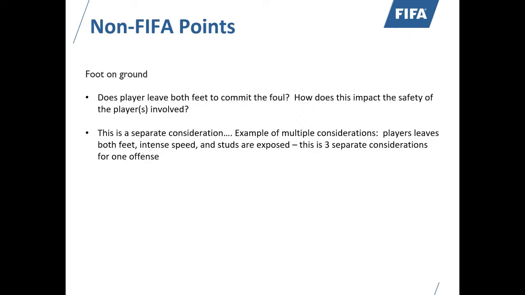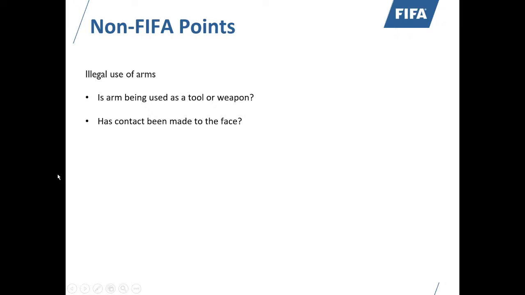Jamie? Yeah, so that's why we want you to be really looking at point of contact, mode of contact, which is that speed. Point of contact is if their studs are exposed but there's no contact, or studs exposed and there's contact on the foot.